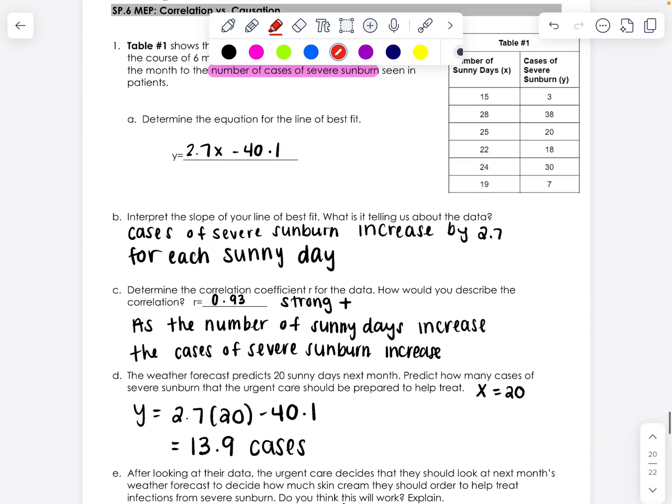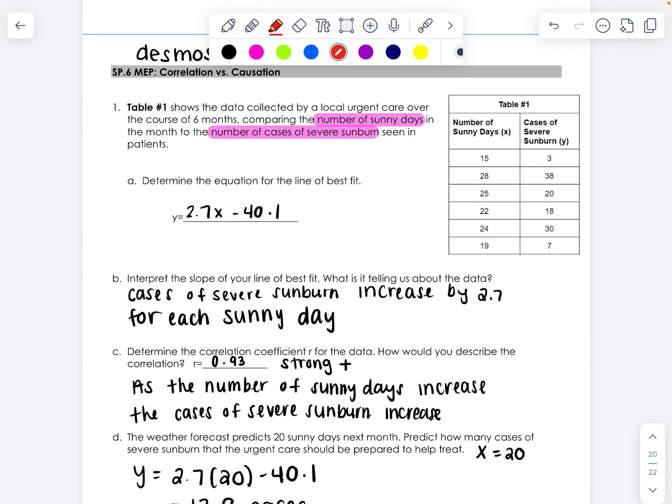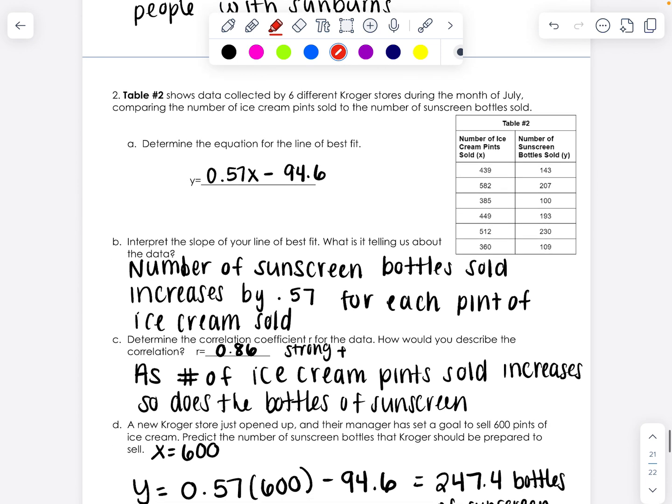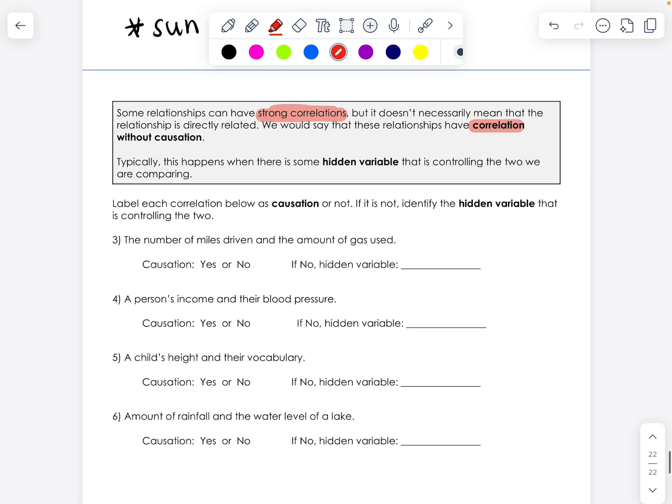The first thing we looked at was the number of sunny days and the cases of sunburn. Well, sun does cause sunburn, so those would have what we call causation. Same thing here, there was a correlation between number of ice cream pints sold and sunscreen bottles sold. But really what's impacting them is the sun or the temperature outside. They don't directly cause each other in that correlation.